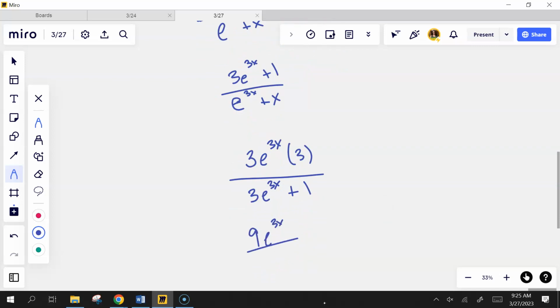I'm just trying to do the derivative again. I L'Hopital it twice, the one at the top.